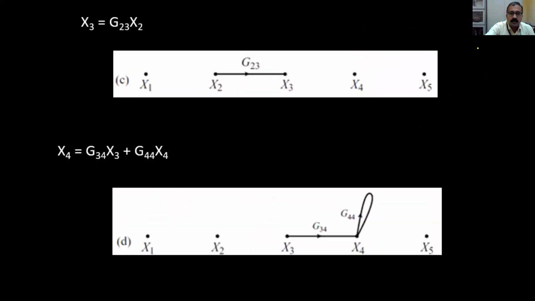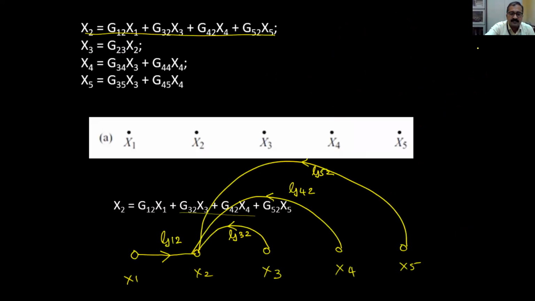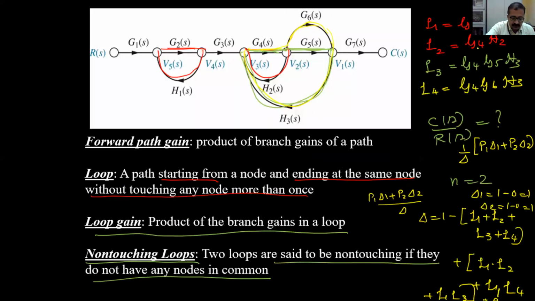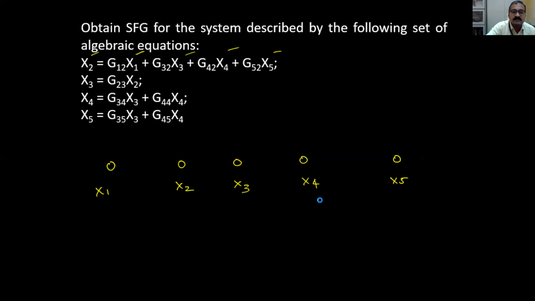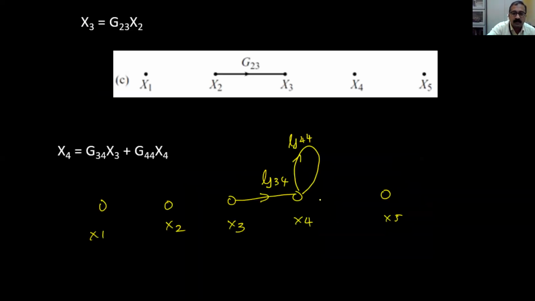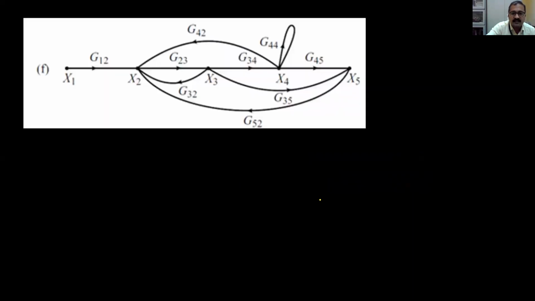Now where is the output node here? As per the definition, an output node or a sink is one which has only incoming branches. But the signal flow graph which we constructed so far doesn't have a node with only incoming branches. You see, it is both incoming and outgoing.